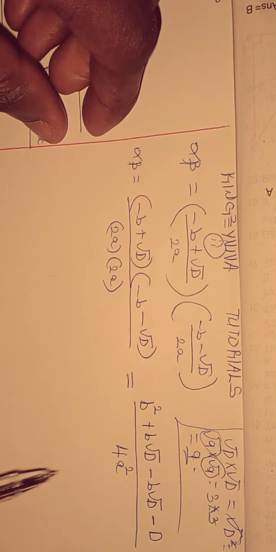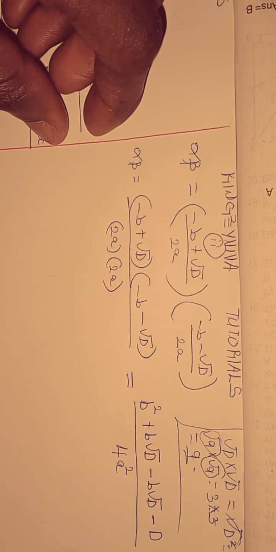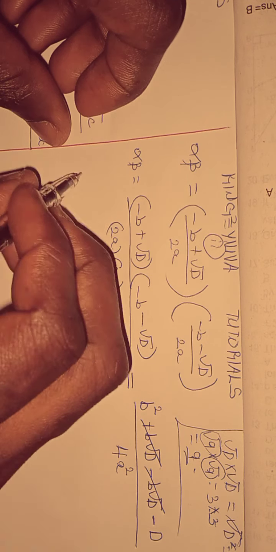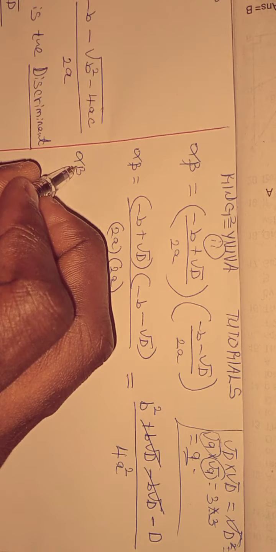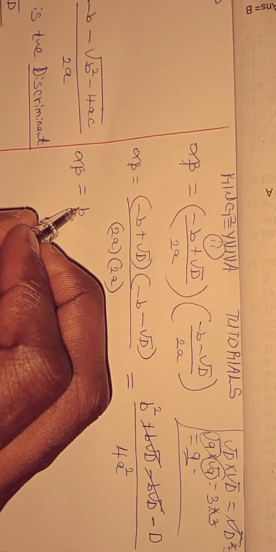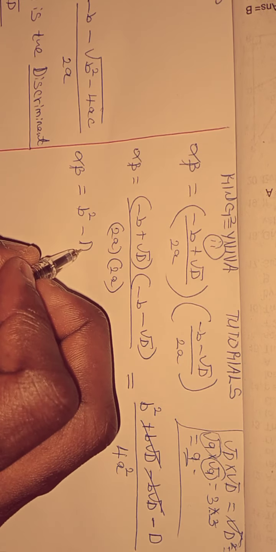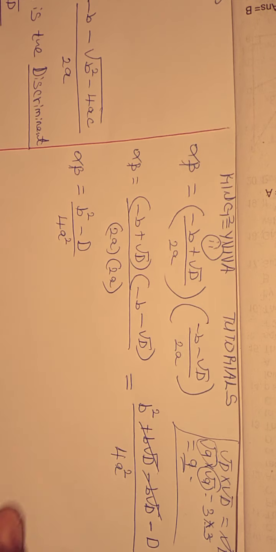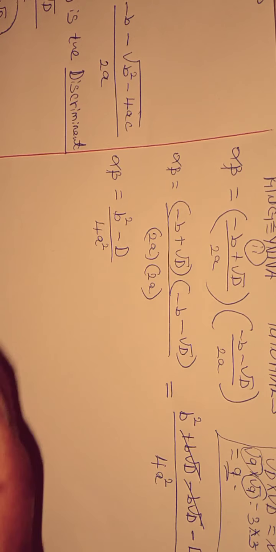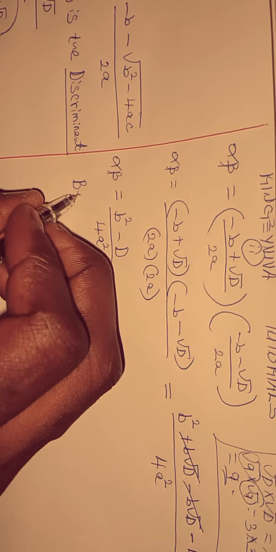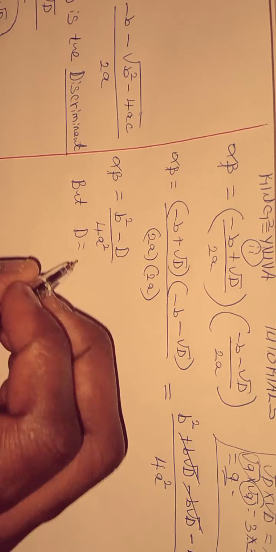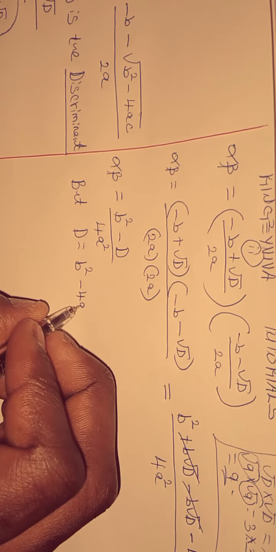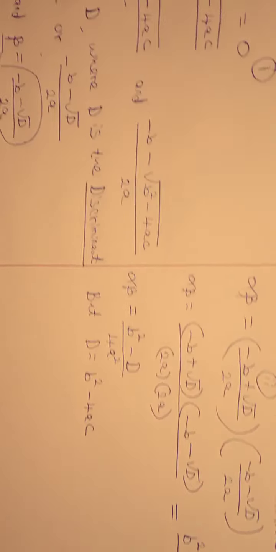And then from this point now, these two will cancel out, and I'm left with alpha beta being equal to b square minus d over 4a square. But then recall that d is equal to b square minus 4ac from what we did before.